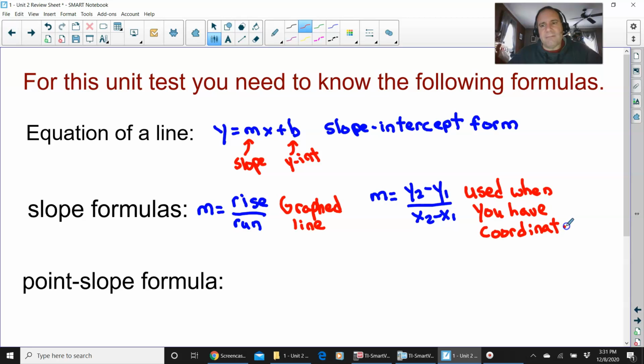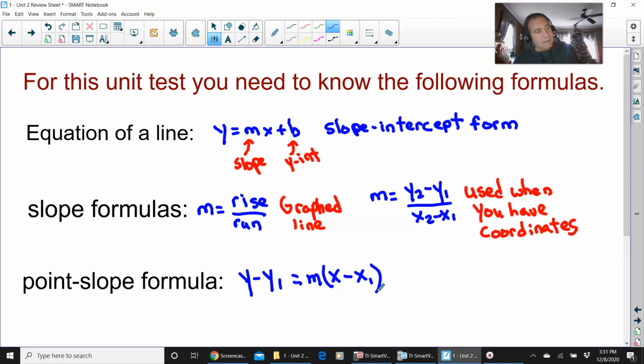And remember, you label the coordinates. So the point-slope formula is y minus y1 equals m times x minus x1. We even give this to you on the test itself. These are the formulas that you need to know. Keep them handy. Put them right beside you when you're taking the exam, and that's it.